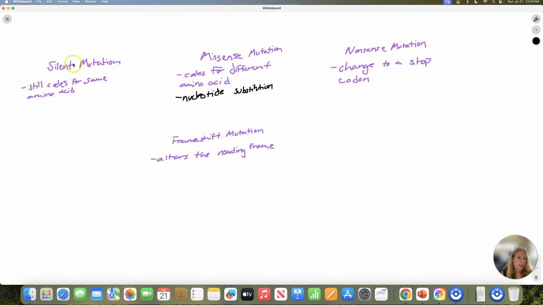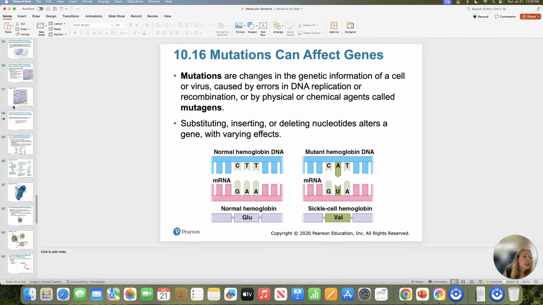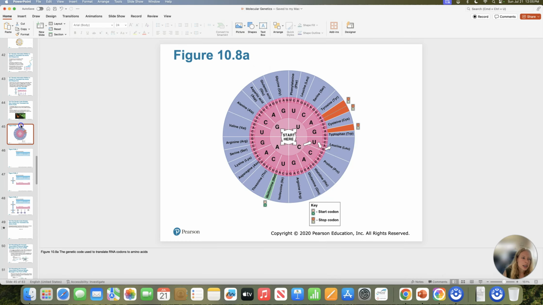We're going to jump over here to the left. A silent mutation is also a nucleotide substitution, but a silent mutation still codes for the same amino acid. This is because on that circle diagram where you figure out what amino acid is called for, I'm going to go ahead and pull it up. There are multiple ways to get the same amino acid.